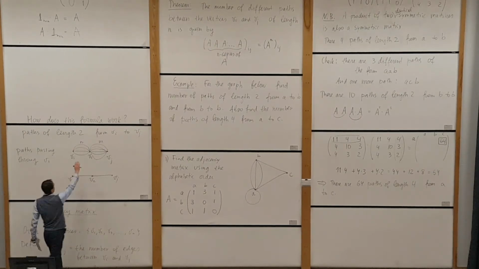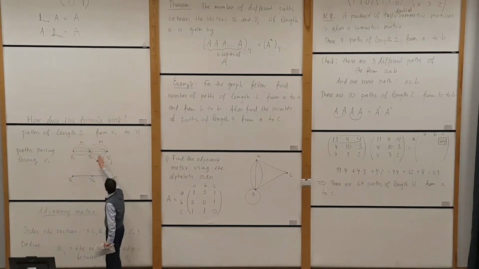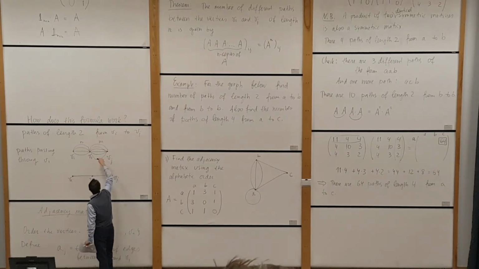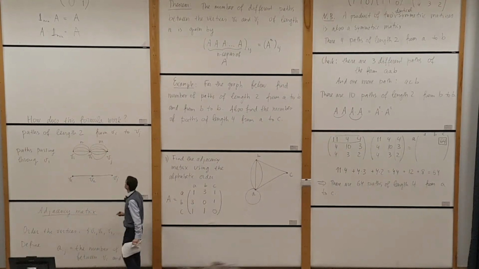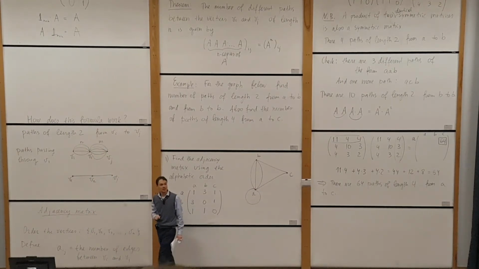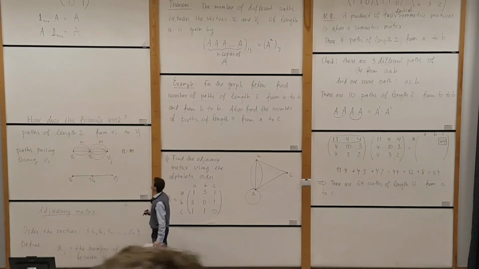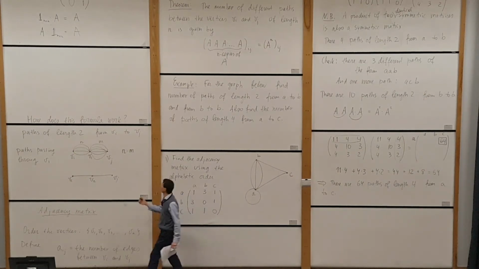So if I am to count all paths of the type, I have to choose the first edge, which will go from V sub i to V1, and I have n choices. And I have to choose the second edge, which goes from V1 to V sub j. And there are m choices there. By the product rule, there are n times m different paths of this type.